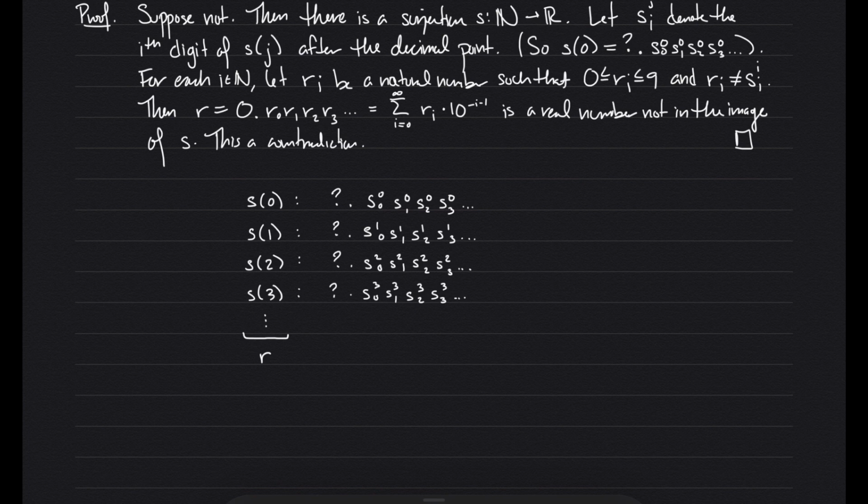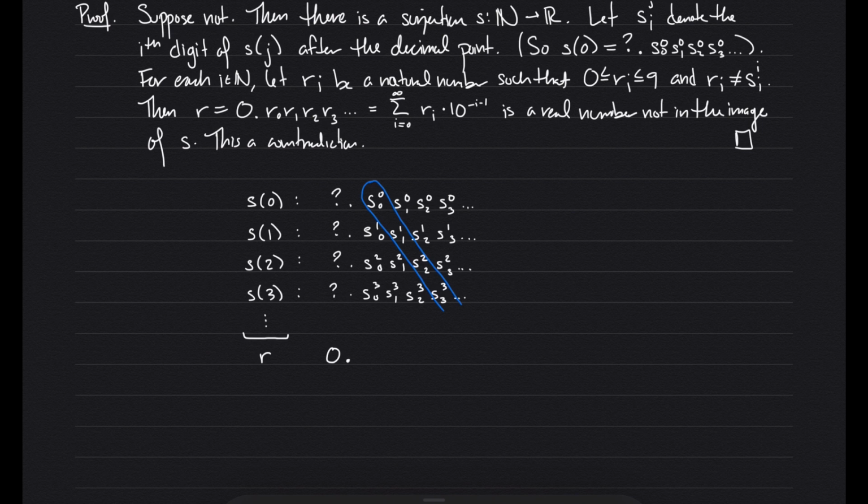That's our goal. So we do that by saying, okay, we don't care about what's in front of the decimal point, but we can engineer this number to be different than the other ones by looking here at all these guys whose subscript and superscript are the same. So this is the diagonal.